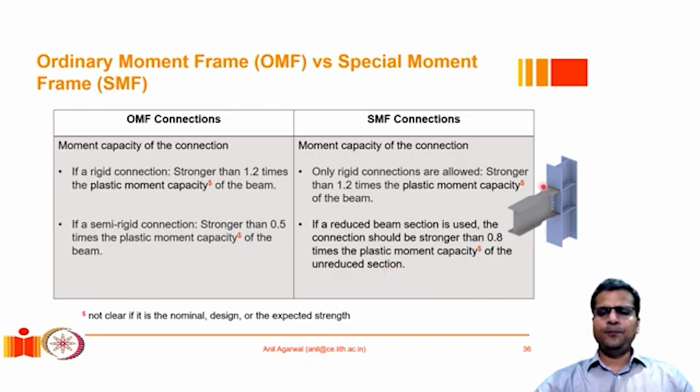Taking both of these provisions simultaneously, what it means is that this connection should be 20%, or 1.2 times, stronger than the reduced cross section's moment capacity. At the same time, it should also be stronger than at least 80% of the moment capacity of the section away from the reduced section, so the unreduced section.